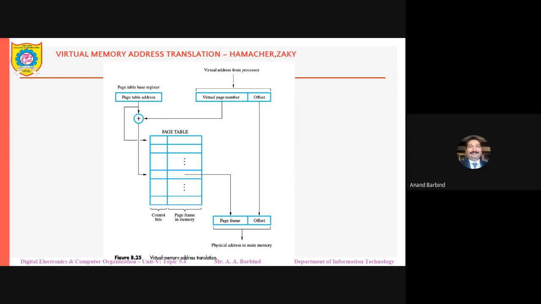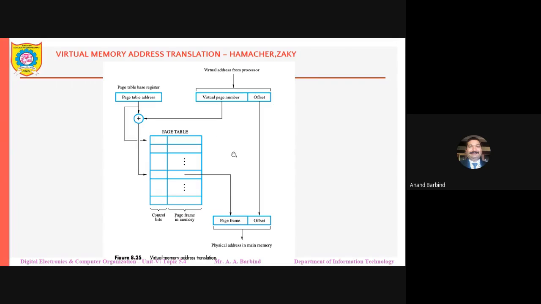So what happens if some entry in the page table is not filled? It means that the page is not actually present in the memory. When the page is not present in the memory, the page needs to be brought into the memory, and it is brought from the secondary storage.